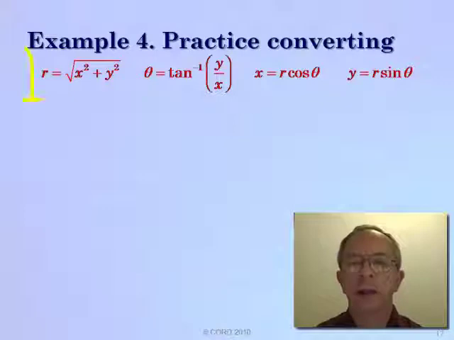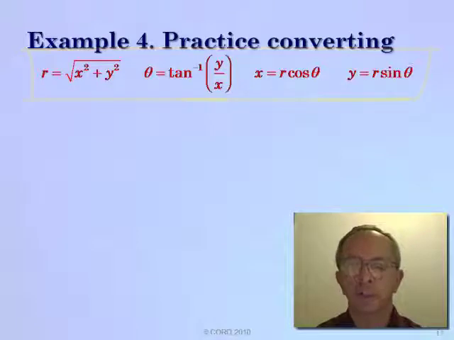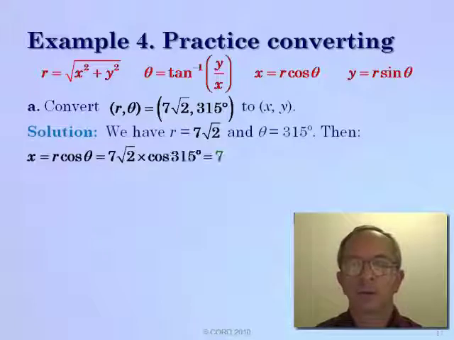Let's practice doing some of that converting, and then we'll show you the summary of all of the conversion formulas that we've just discovered. We'll convert r theta of 7 square roots of 2 at 315 degrees to x, y. So we just simply apply the formulas that we have above, that x is going to equal r cosine theta.